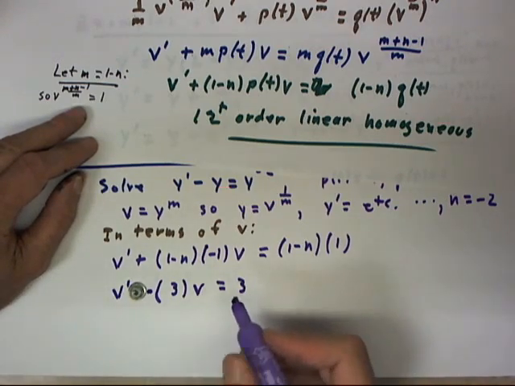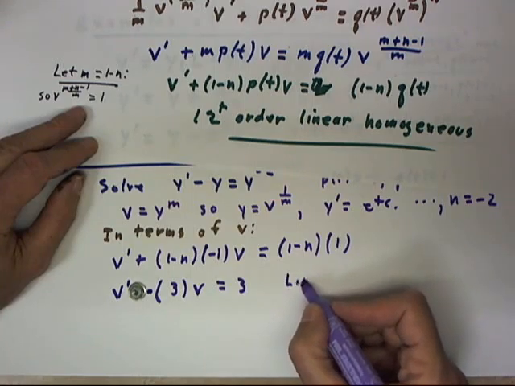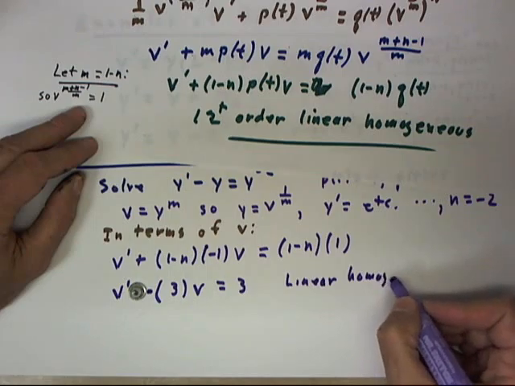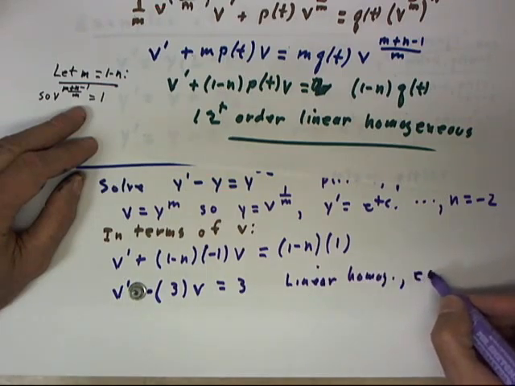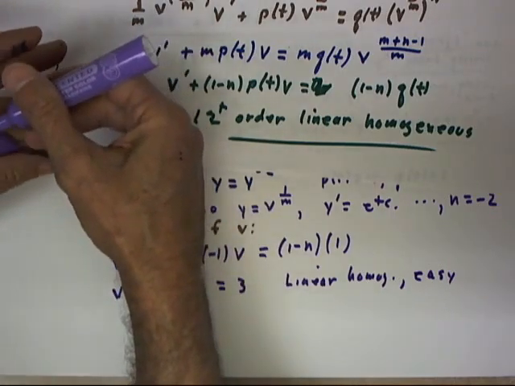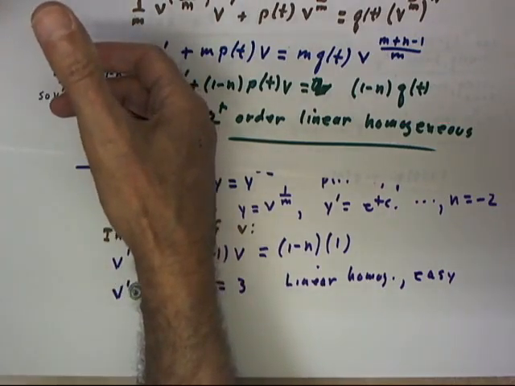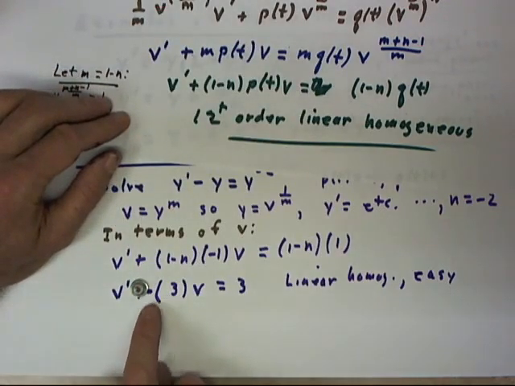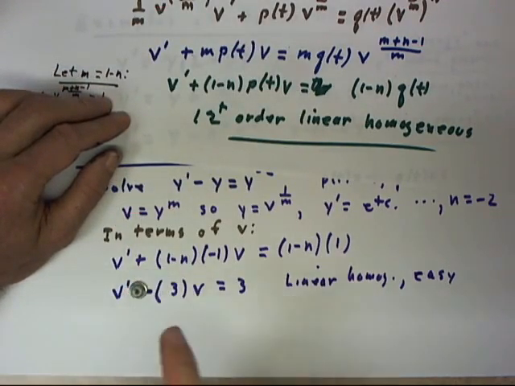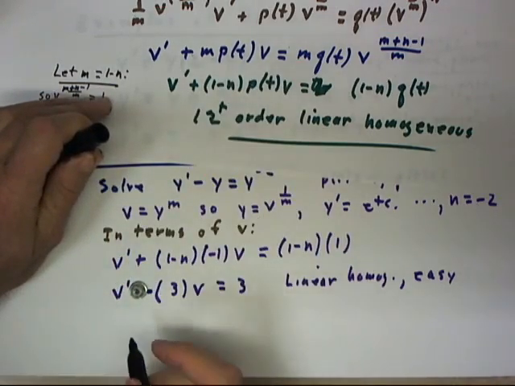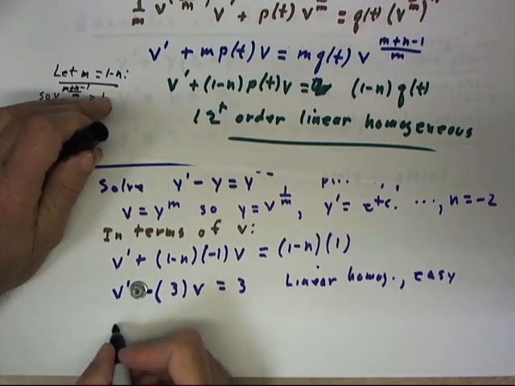This equation is now linear and easy to solve. We're going to use the integrating factor e to the integral of p of t. p of t in this form is negative 3. So we're going to multiply both sides by e to the negative 3t.